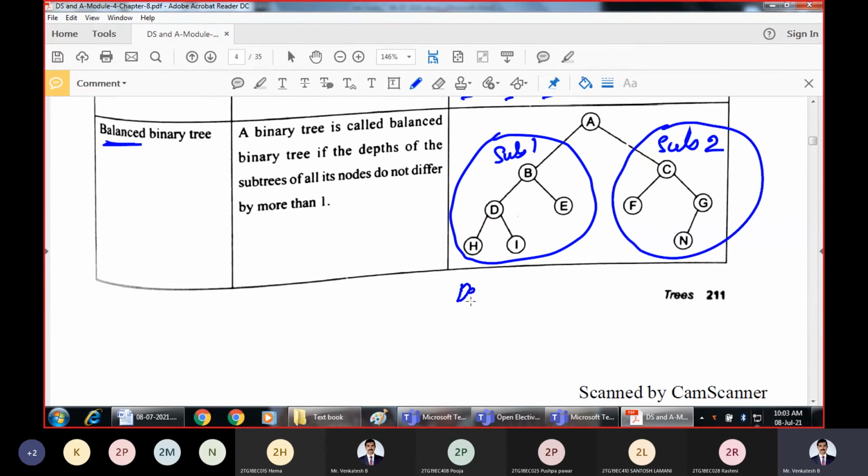What is its depth, meaning height? The height of this subtree is 2. And what is the depth of this other tree? The depth of this tree is also 2. We saw the definition of depth in the previous classes. So the formula says they are not going to differ by more than 1. There will not be more than one difference between the two.